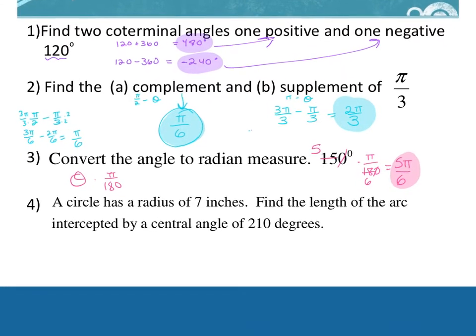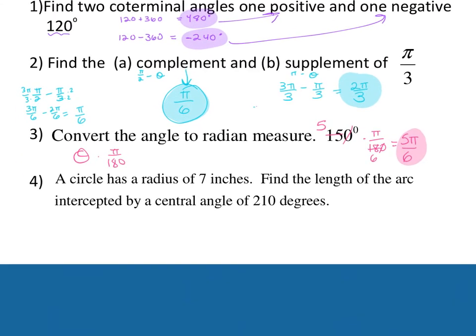And number 4 says a circle has a radius of 7 inches. Find the length of the arc intercepted by a central angle of 210 degrees. So remember here, we have to convert this into radians. The equation here is s equals theta times the radius, but theta, which is this 210, has to be in radians.